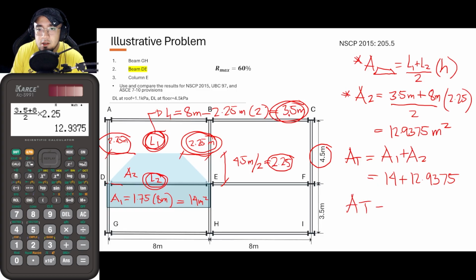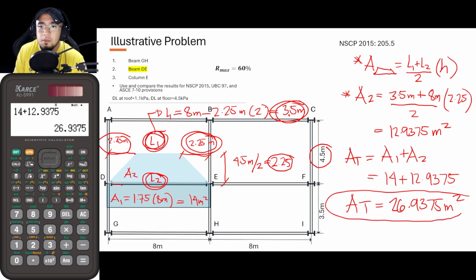And with such, the tributary area is now 14 plus 12.9375, that is 26.9375 square meters.